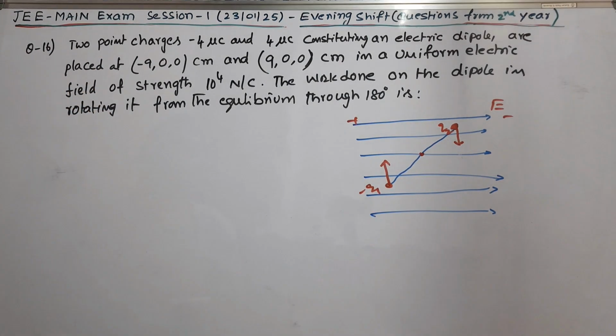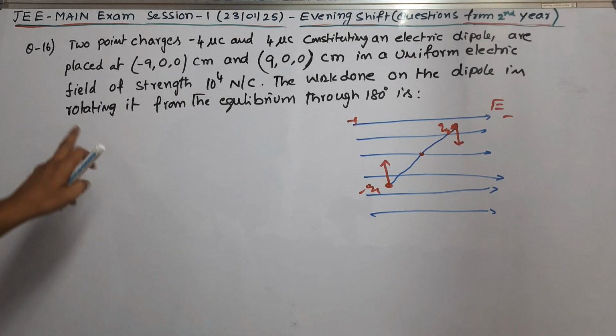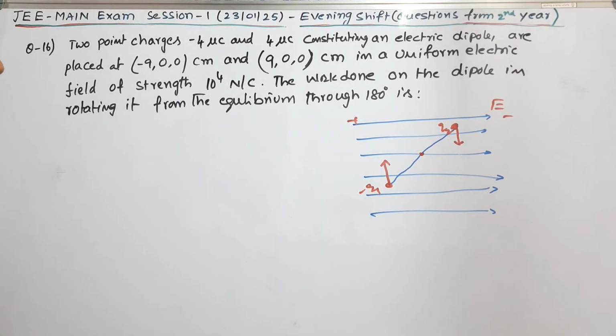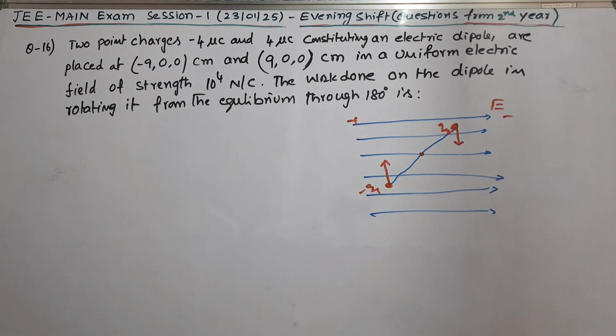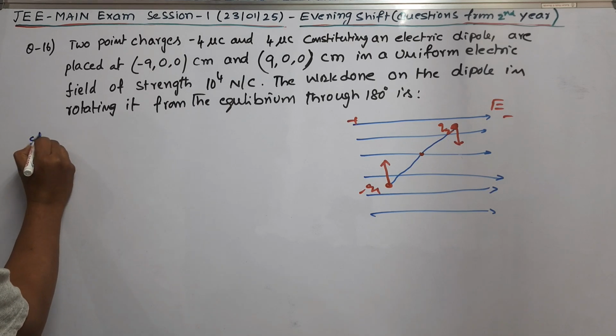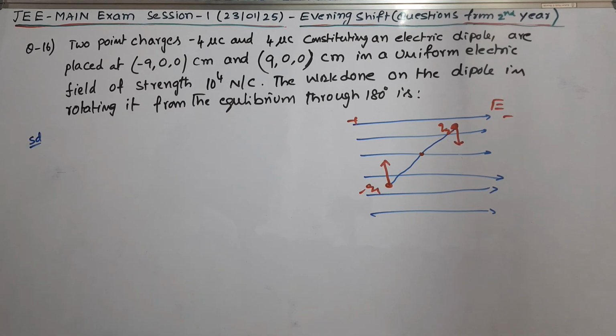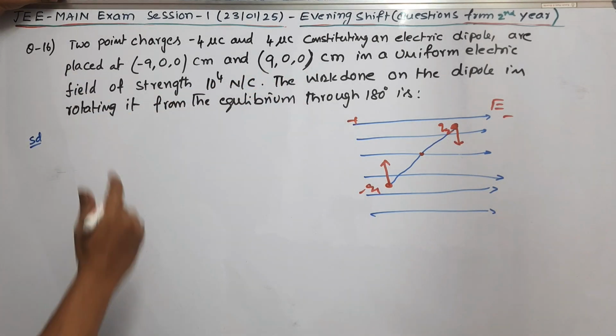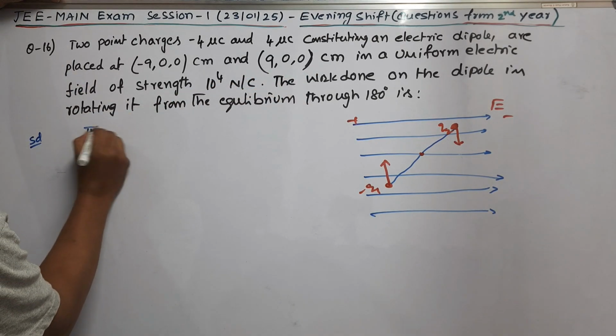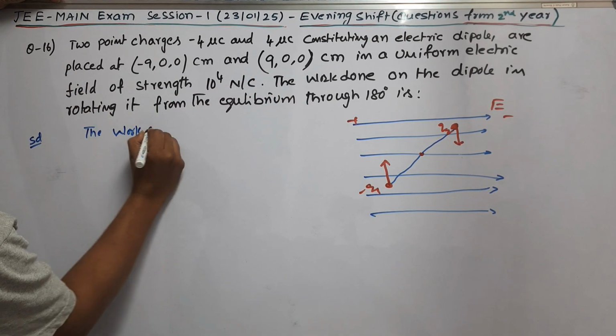So what is the work done on the dipole in rotating it from equilibrium through 180 degrees? This is what is asked. This work will be stored in the form of energy.